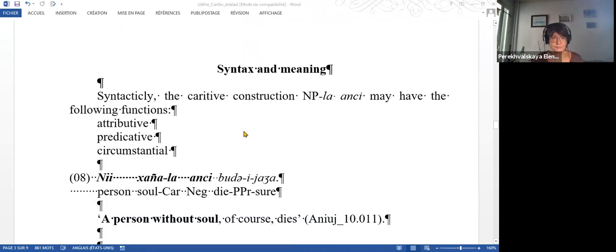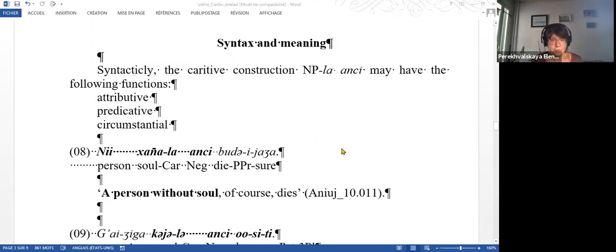So, syntax. Syntactically, the caritive construction may have the following functions as almost everywhere: attributive, predicative, and circumstantial. Here you see the example of attributive usage, person without soul. I would say in Russian бездушный.